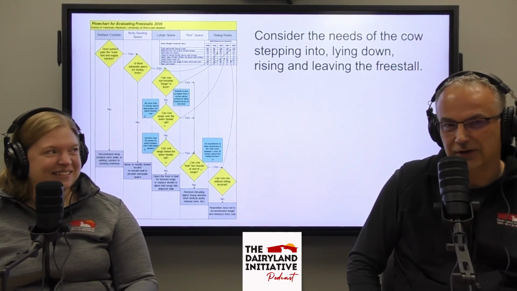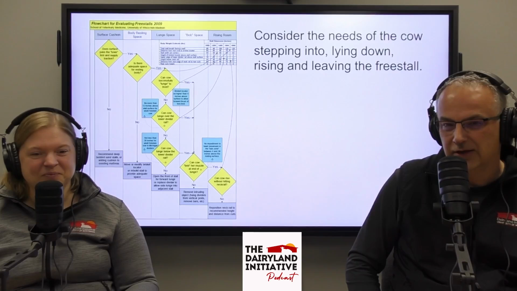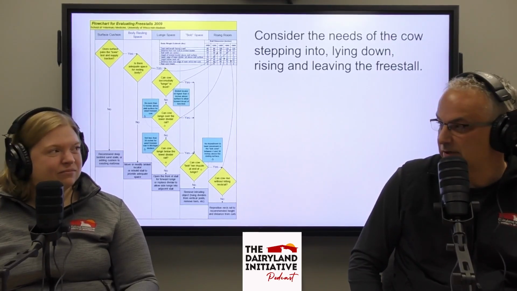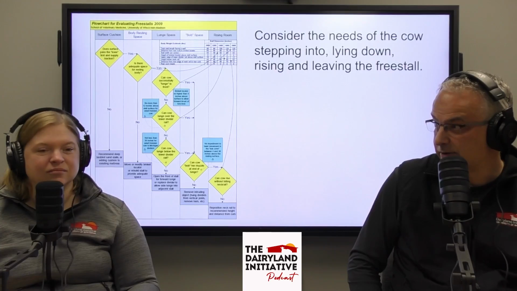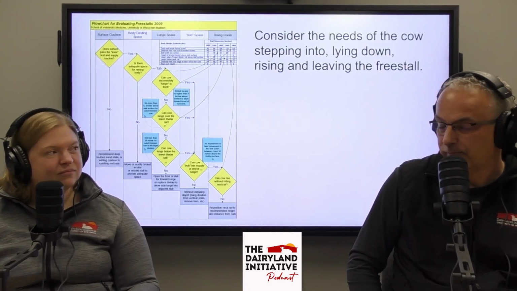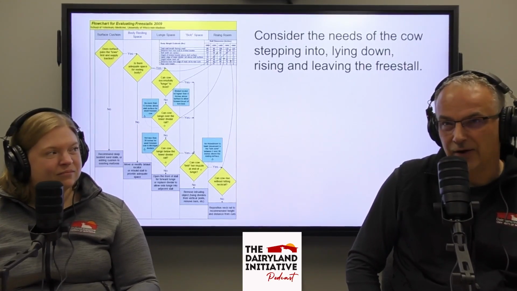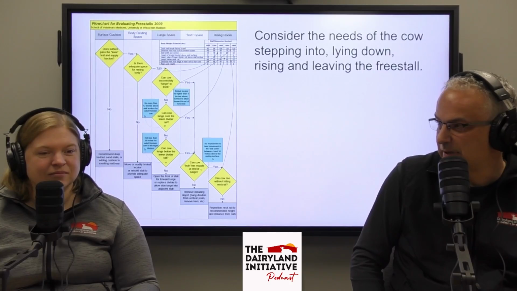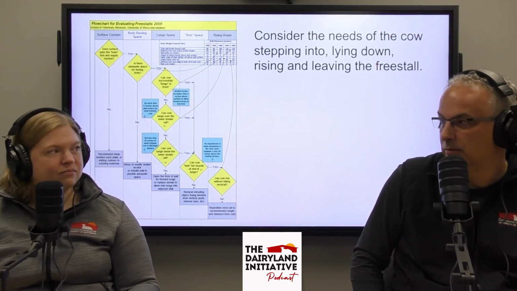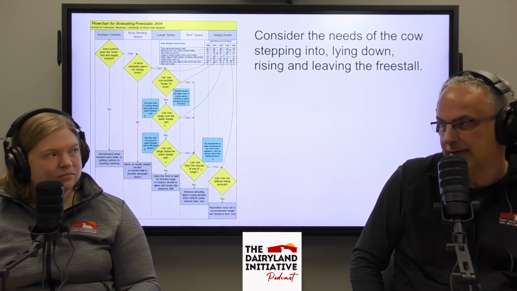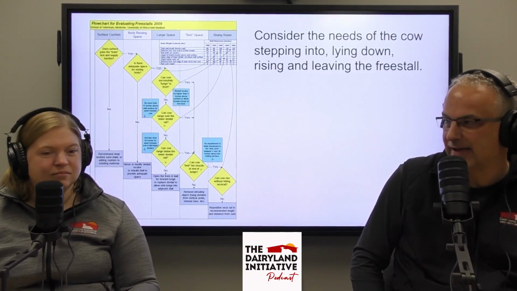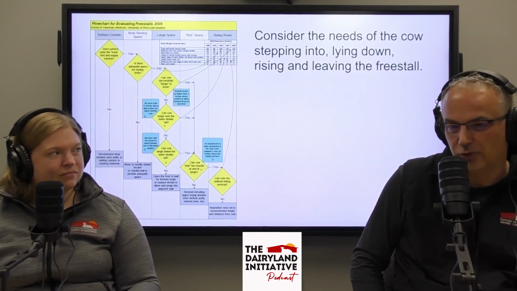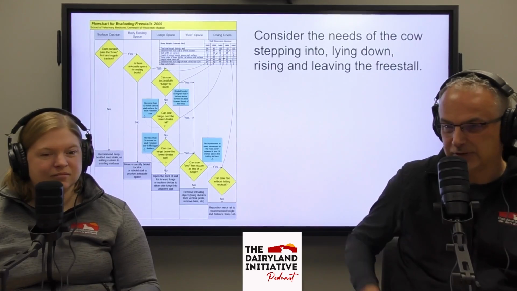And Ken Nordland was really struggling to find materials to teach students how to assess these new freestall barns that were appearing all over the state. So we sat down and we went through a process. We said, well, let's imagine we're a cow getting into, lying down, standing up and leaving a stall. So what does the cow need to perform those movements? And so we put together this little flow chart.